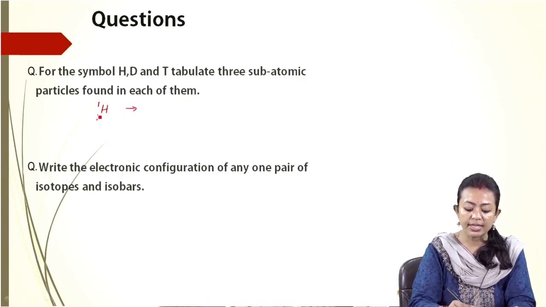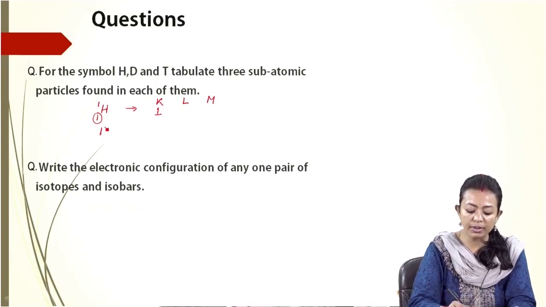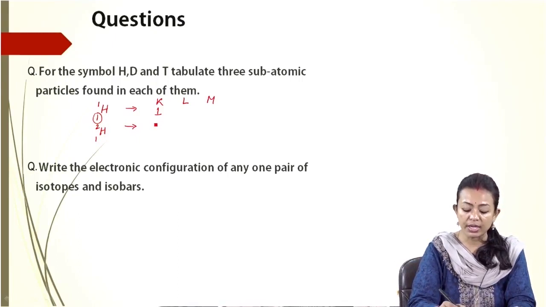So because the atomic number is only 1, what will be its electronic configuration? K, L, M. So the electronic configuration of protium is going to be only 1. Now what about deuterium? Deuterium is 2 and 1. So the electronic configuration for deuterium is again going to be 1 because the atomic number is 1.